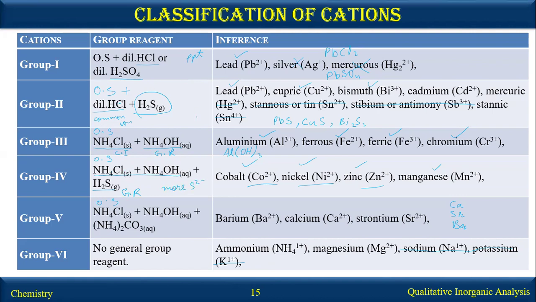And in the presence of acid, it produces fewer sulfide ions because the solubility product of the sulfides of group 2 cations is low. So a small quantity of sulfide is enough. So in this way, we can separate group 2 and group 4.